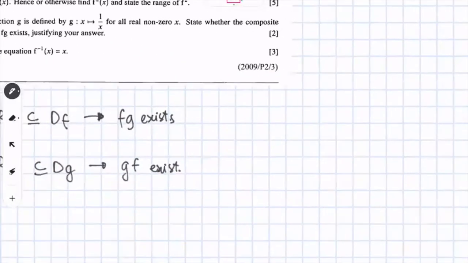You have F, because FG means F of GX. Agree? Yes.